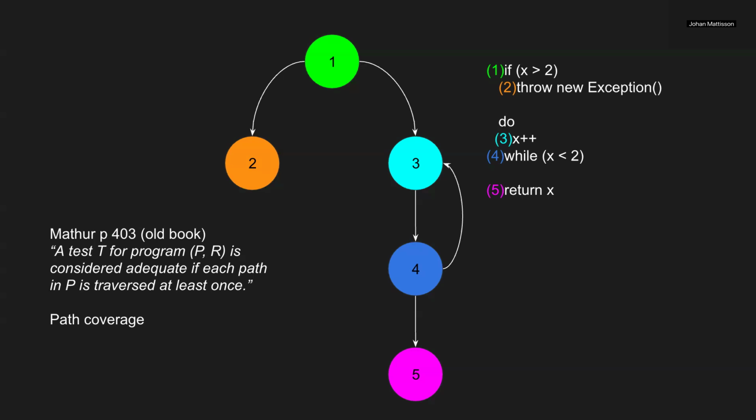So we want one path that starts with 1 and goes to 2, and one that goes 1, 3, 4, 5, for example. And then we want some that go through the loop as well. We want to test all the paths in the program to figure out whether we have covered everything. That's path coverage.